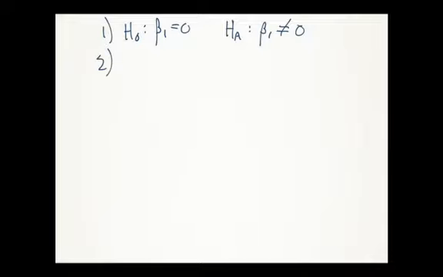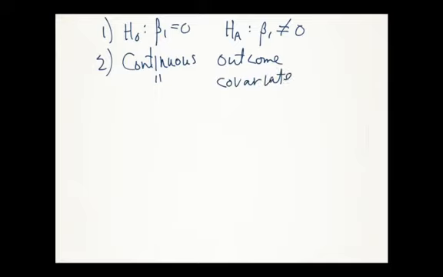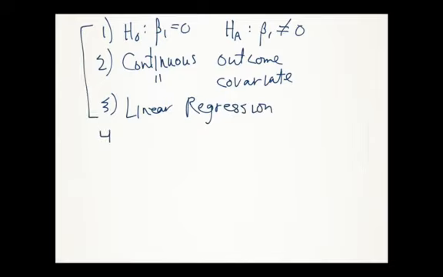The type of data that we have is a continuous outcome, which is BPF, and a continuous covariate, which is age. We're going to do linear regression to assess this relationship. Those are my steps without Stata.